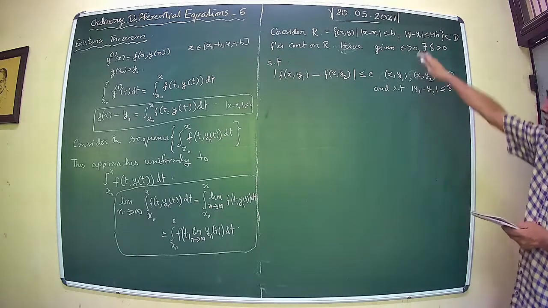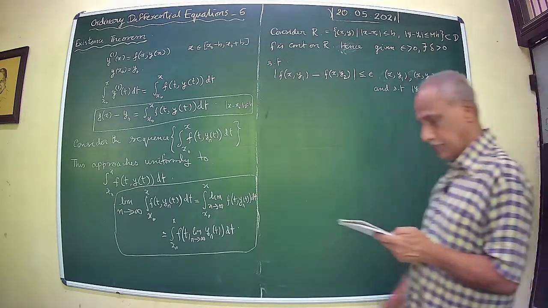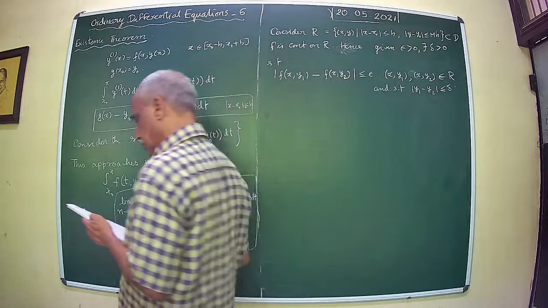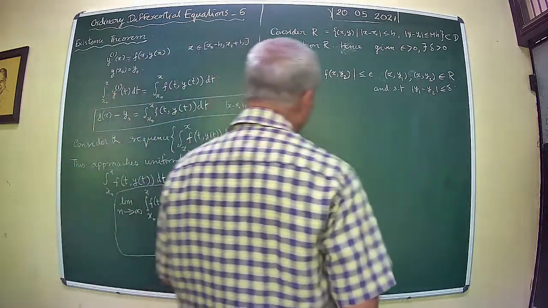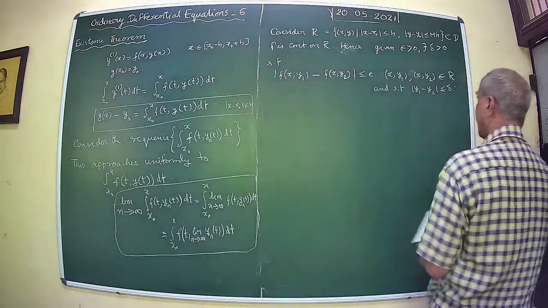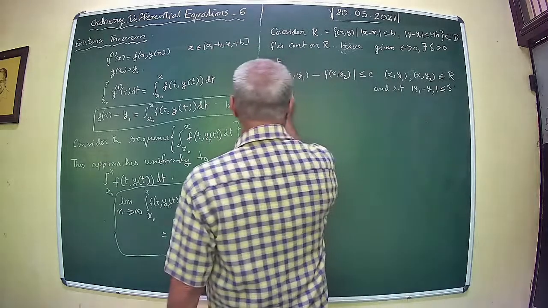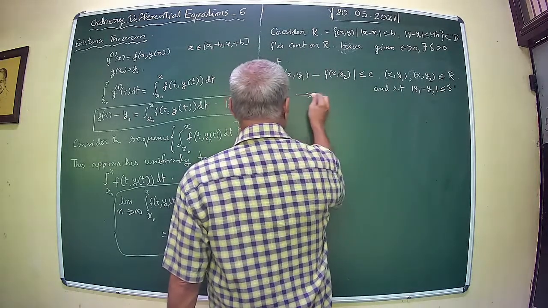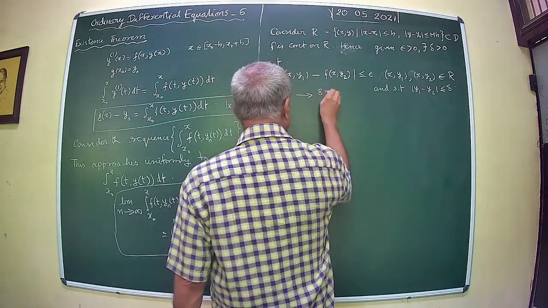This is something you can immediately conclude from here. Therefore we have chosen this epsilon positive, and that has given rise to delta positive.